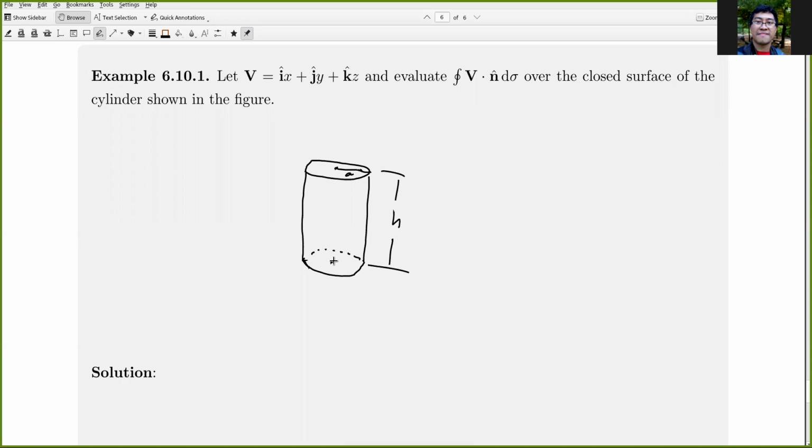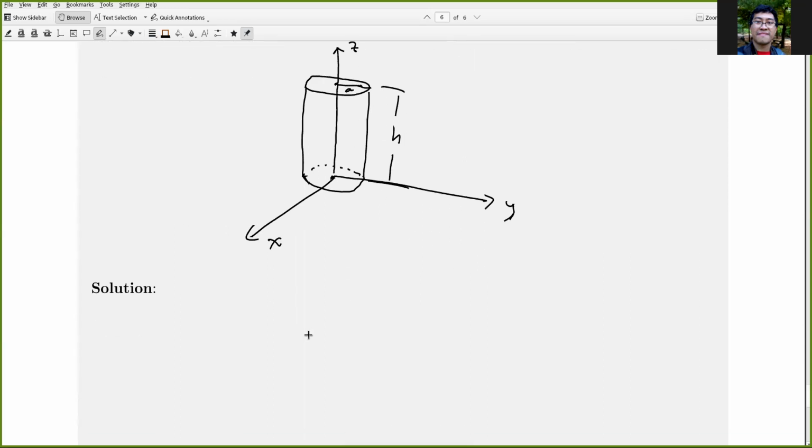This is our y axis, this is our x axis, and this is our z axis. The radius is again a.